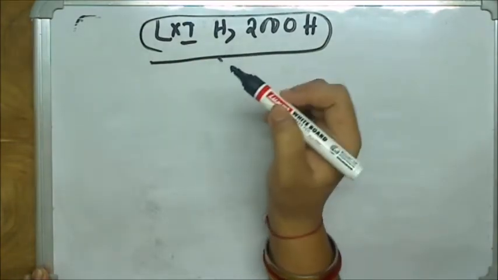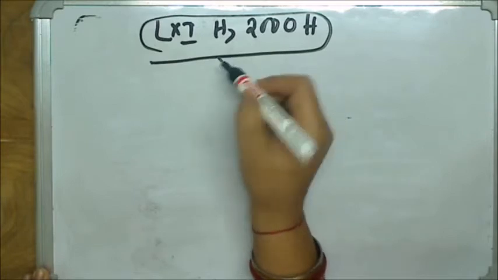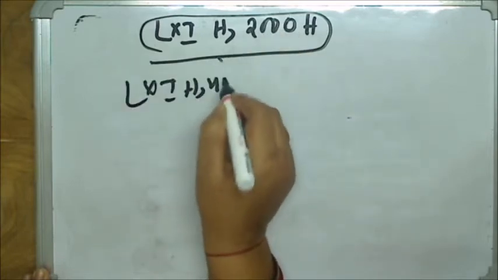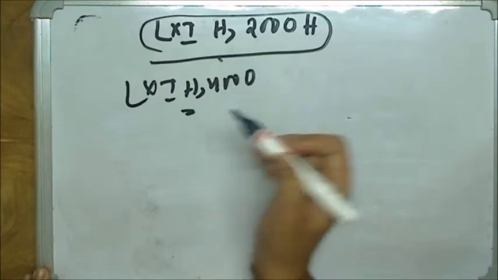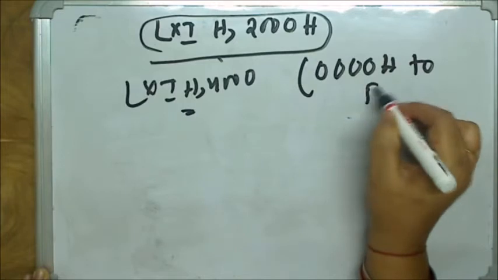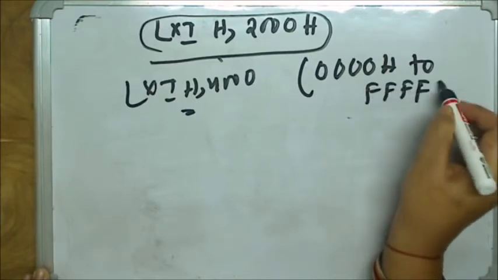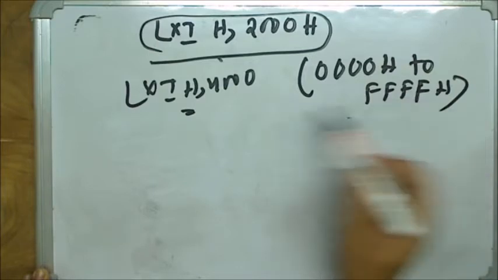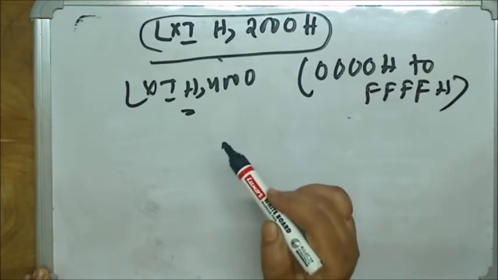Suppose I have initialized the HL pair with 4000: LXI H, 4000. Now the HL pair can have any value from 0000H to FFFFH, right? I have initialized the HL pair with 4000.